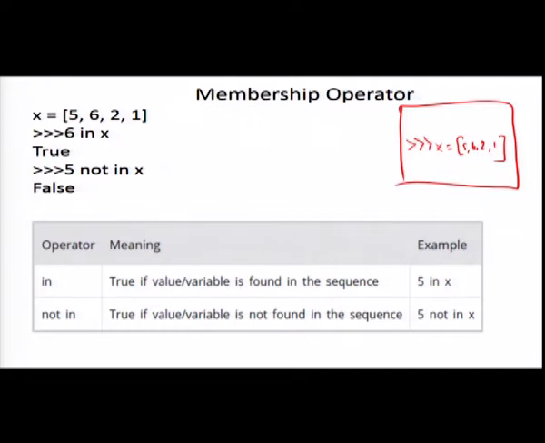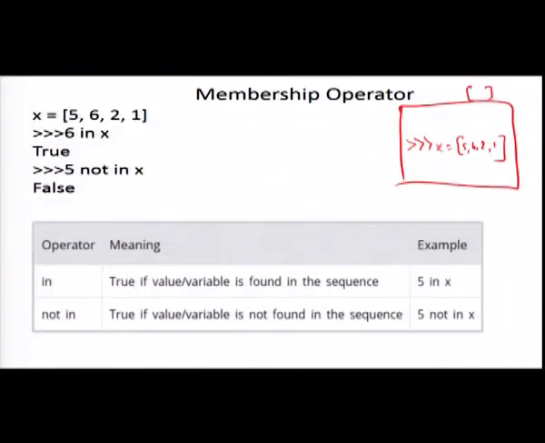What is it called? A list. A list is a data structure, and here it has been enclosed with square brackets. So to check whether a number is available within the list, we use an operator called the membership operator.